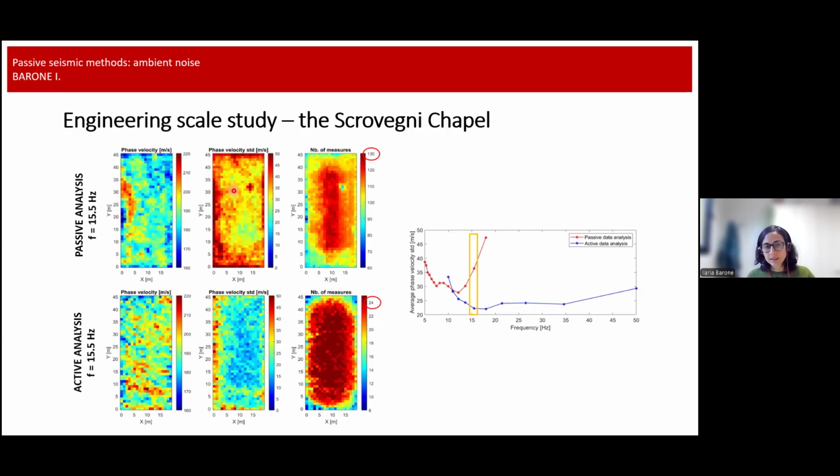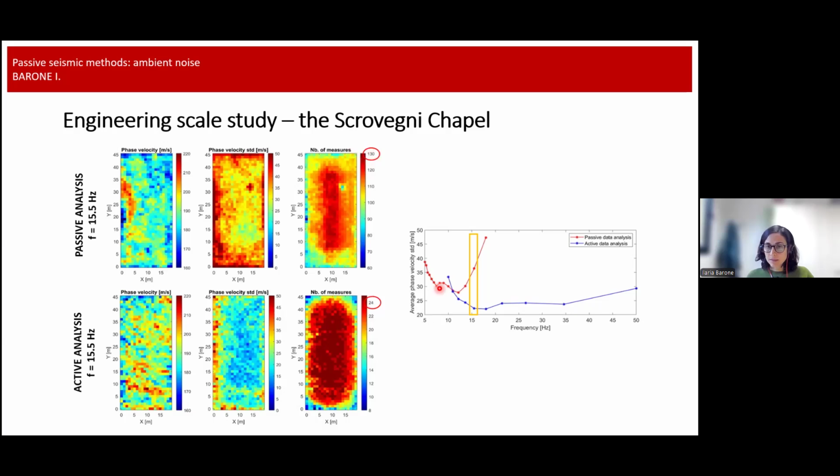And if we look at the standard deviations, in this case we have a reverse situation, because the standard deviations associated to the passive analysis are much higher than the active ones, even though we have used many more virtual sources than active sources.